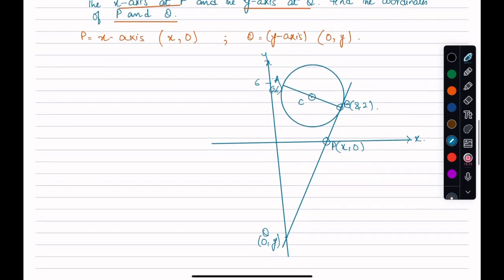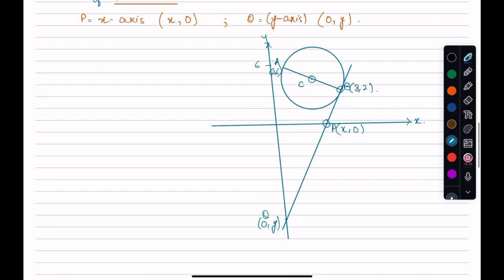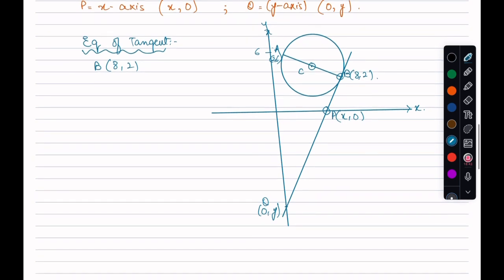So how to make the tangent equation? For the equation of the tangent, I have the x and y coordinates, as it's passing through B with coordinates (8, 2). The other thing that I need is the gradient value. I know that the radius or the diameter and the tangent are perpendicular to each other.